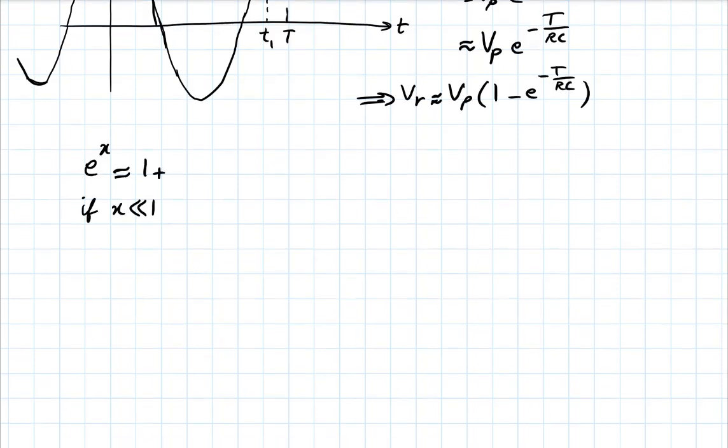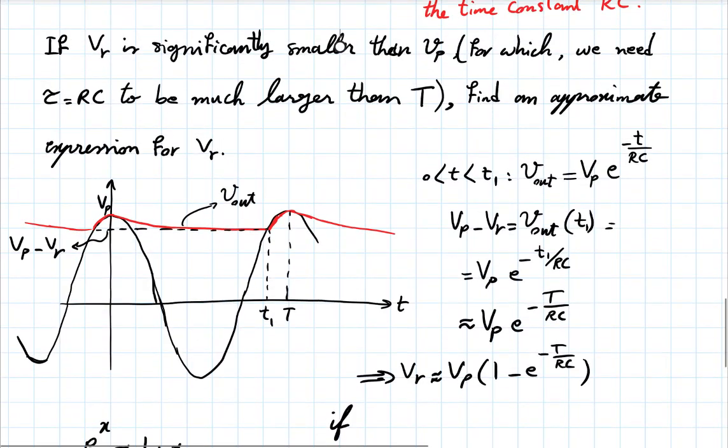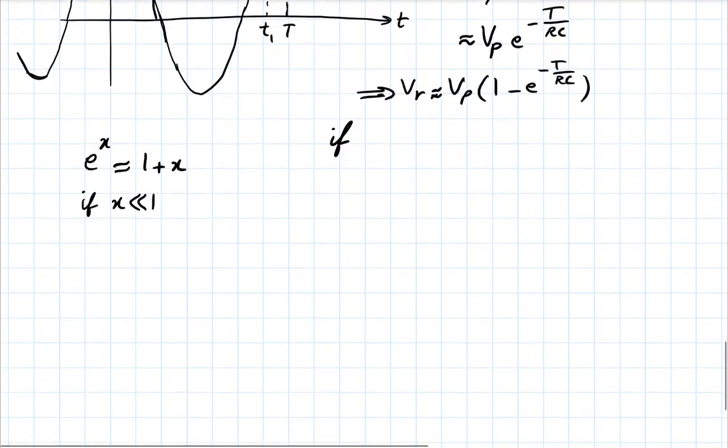It's approximately 1 plus x. So if indeed, as we have assumed, T is much smaller than RC, right? Here, this assumption that I wrote there, RC is much larger than T.